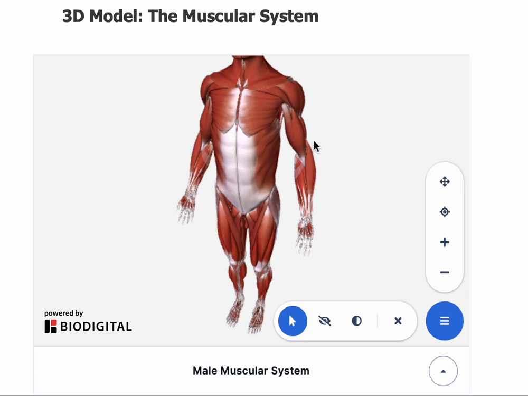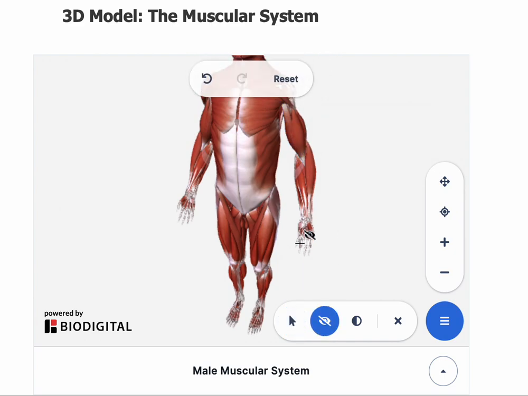So the first muscle, biceps brachii, is right here. The second muscle is actually seen easier below the deltoid. It's right here.